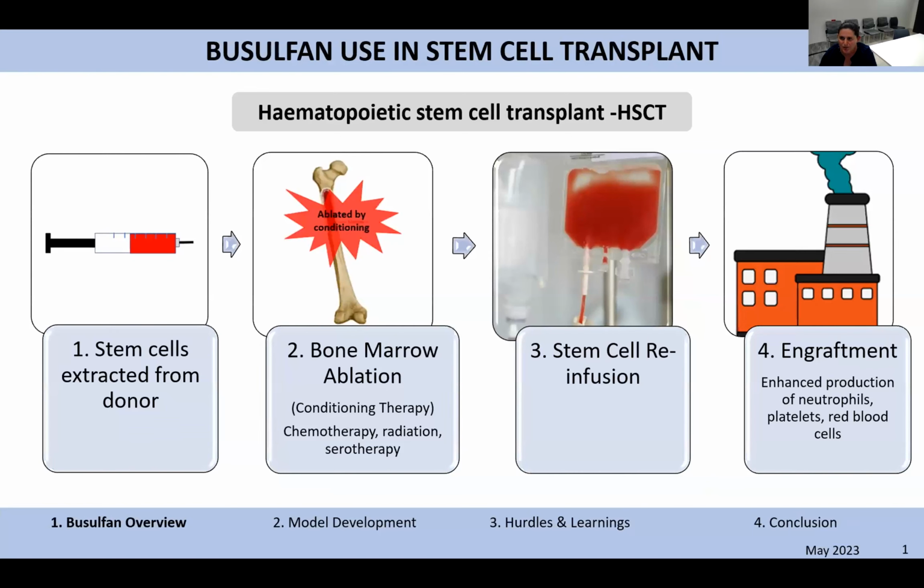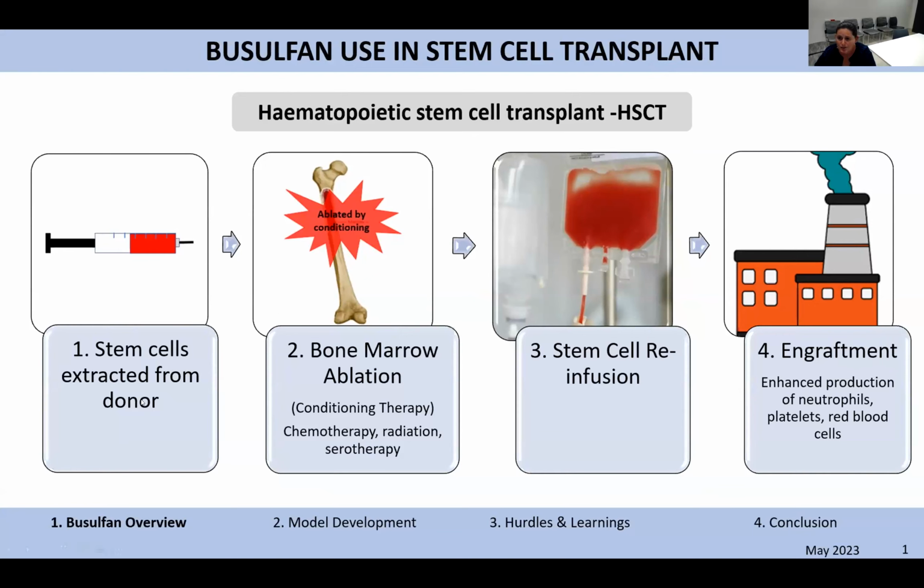Firstly, busulfan. What do we use it for? Busulfan is used for bone marrow transplant. In hematopoietic stem cell transplantation, the first step is withdrawing stem cells from the donor. The second step is ablating the bone marrow cells in the recipient, and this is done with conditioning therapy, a combination of chemotherapy, radiation, and serotherapy.